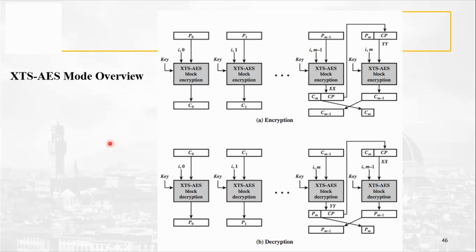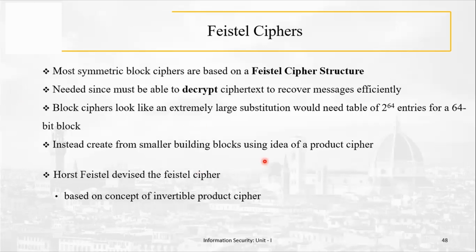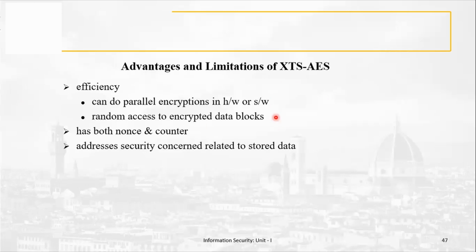So this one becomes more secure. The Feistel network was a bit older than XTS mode, but is used in AES also in a different way. So these are the advantages and limitations of AES mode.